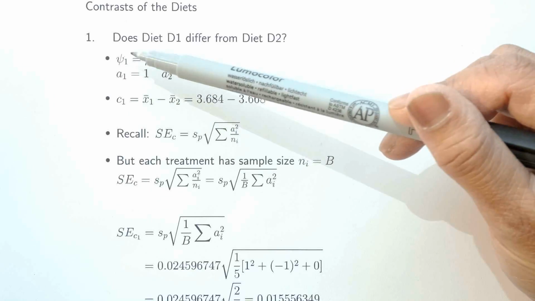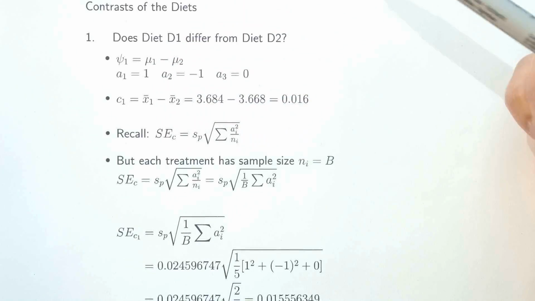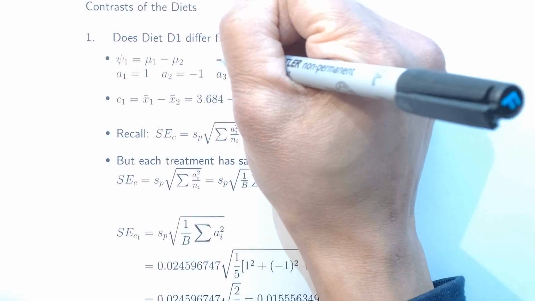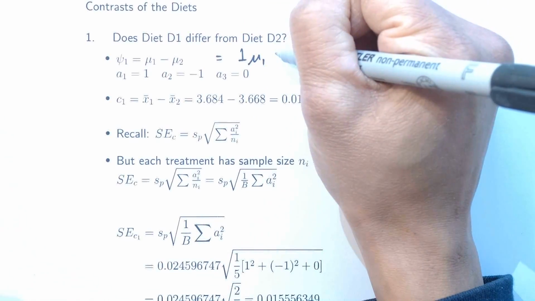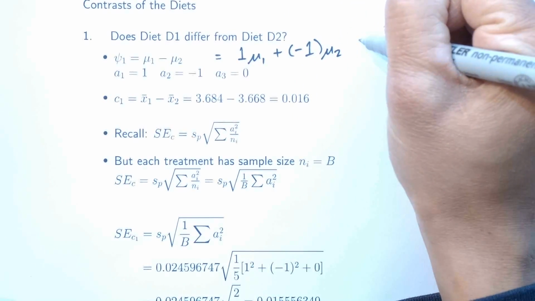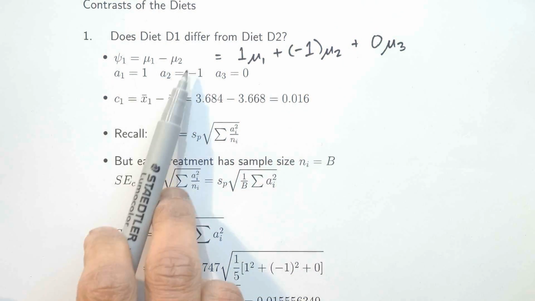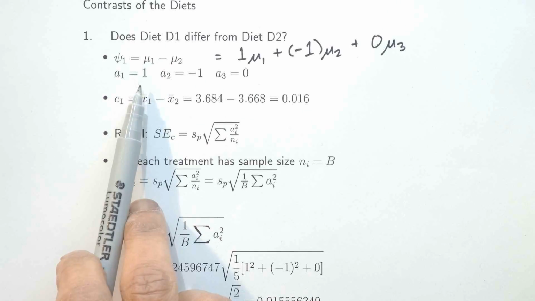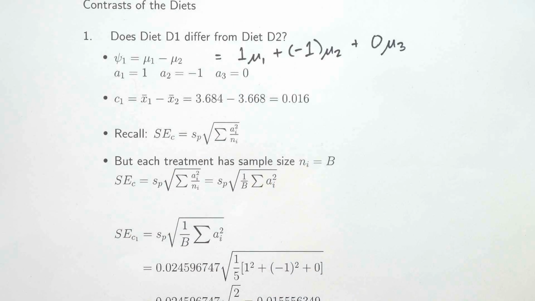We use psi to describe the contrast at the population level, and it's just the difference between the two, mu1 minus mu2. When we translate this into a contrast, we have a coefficient of 1 in front of mu1, plus minus 1 mu2, plus 0 mu3. So we can read off that A1 is 1, A2 is minus 1, and there's no mu3, so A3 must be 0.